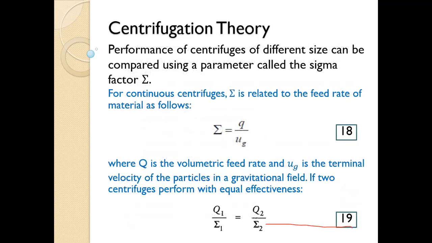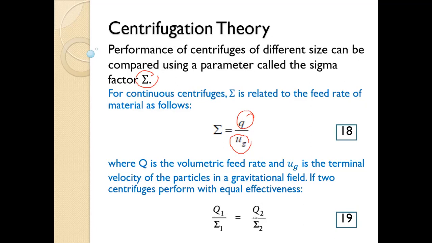For scale up of the centrifuge from the lower scale to the higher scale, or from the smaller to the bigger one, we use the sigma parameter. Sigma is the volumetric flow rate or feed rate divided by the terminal velocity UG. Then you can compare a centrifuge of smaller size with a bigger size.